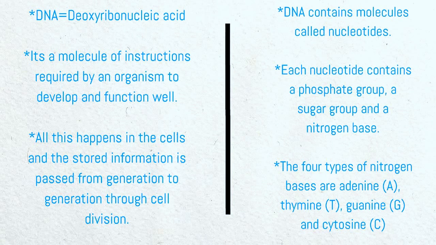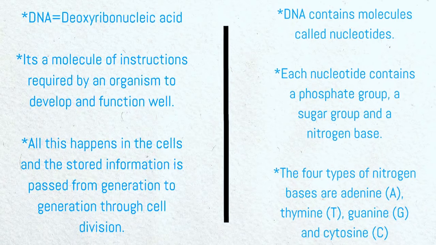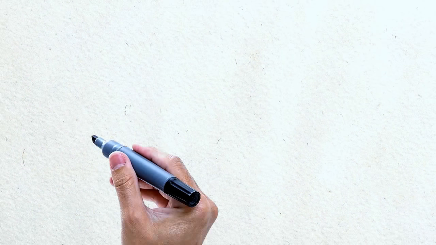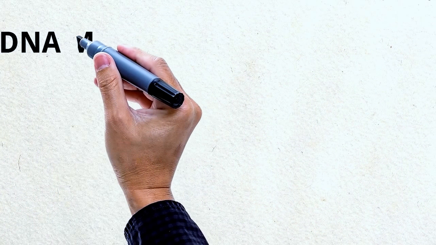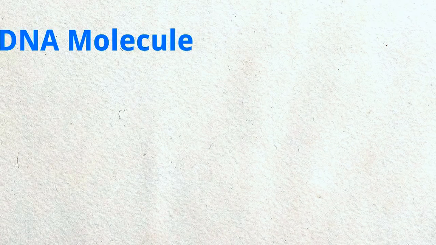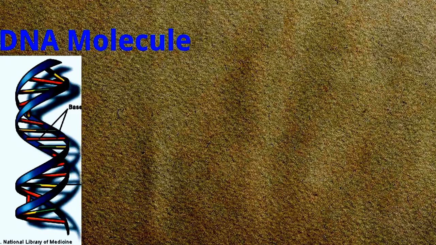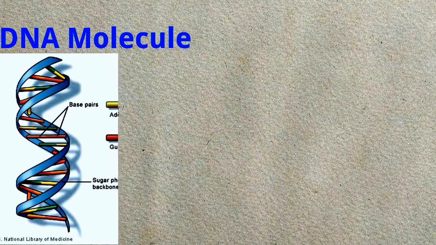Therefore, when you look at these bases, they tend to be paired. And as we can see, in our basic DNA molecule, adenine will always pair with thymine, and guanine will always pair with cytosine all the time.